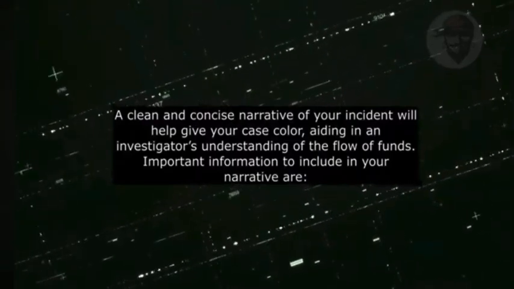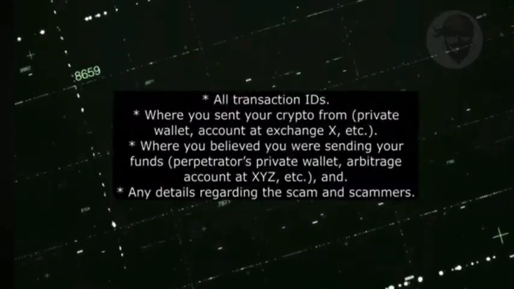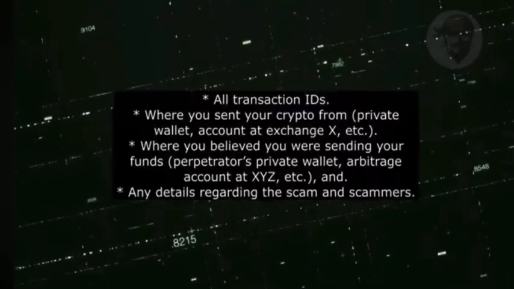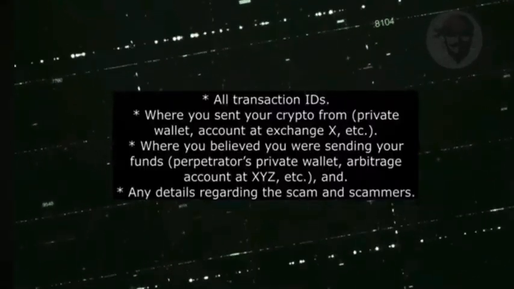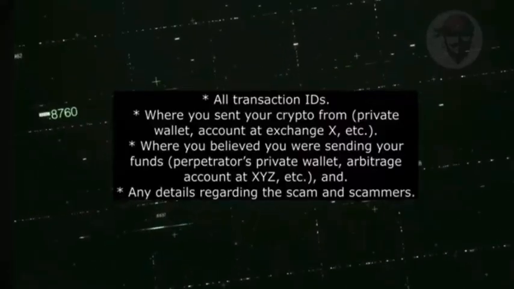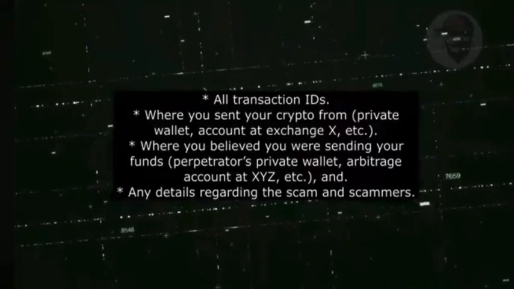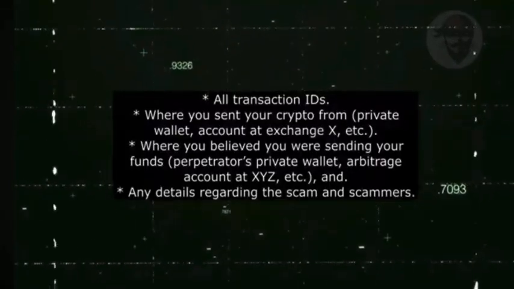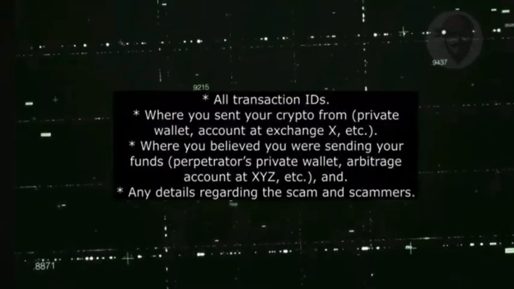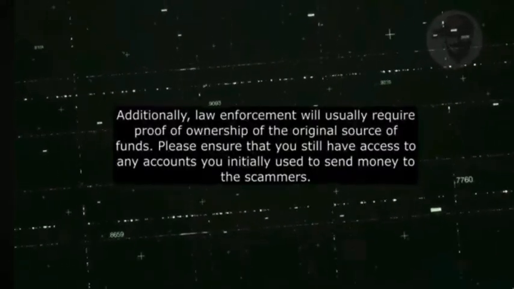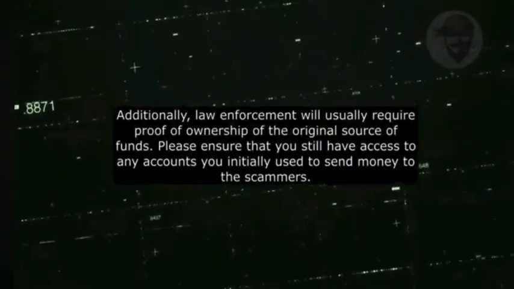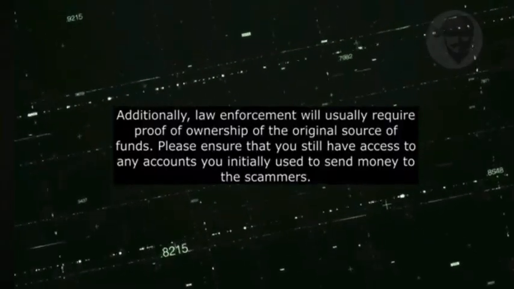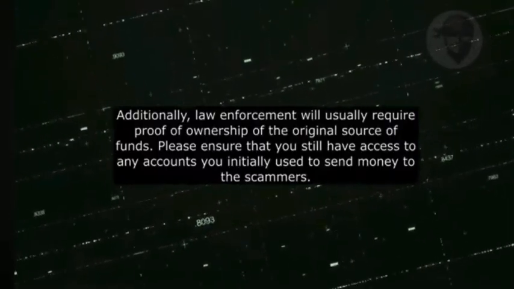Important information to include in your narrative are: all transaction IDs, where you sent your crypto from (private wallet, account at ExchangeX, etc.), where you believed you were sending your funds (perpetrator's private wallet, arbitrage account at XYZ, etc.), and any details regarding the scam and scammers. Additionally, law enforcement will usually require proof of ownership of the original source of funds. Please ensure that you still have access to any accounts you initially used to send money to the scammers.